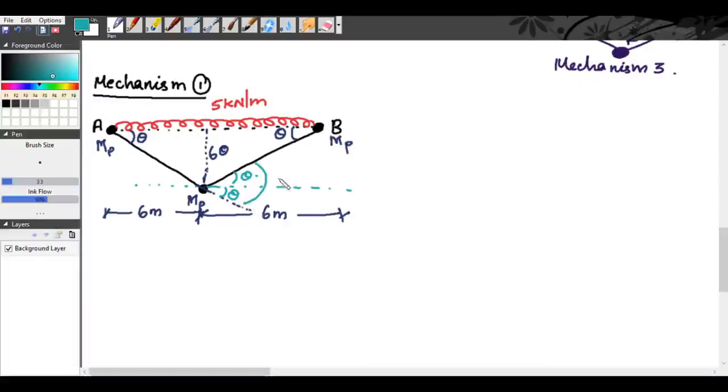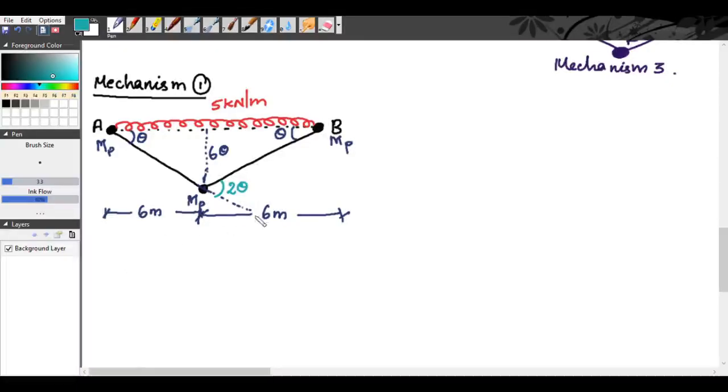That means your total angle is 2 theta. So this angle is 2 theta.